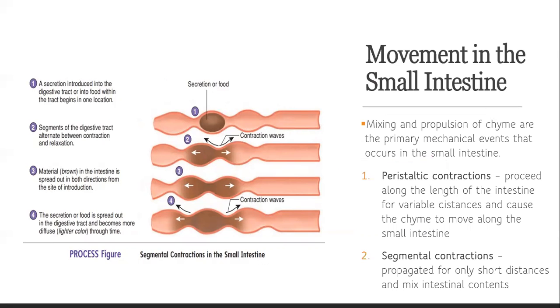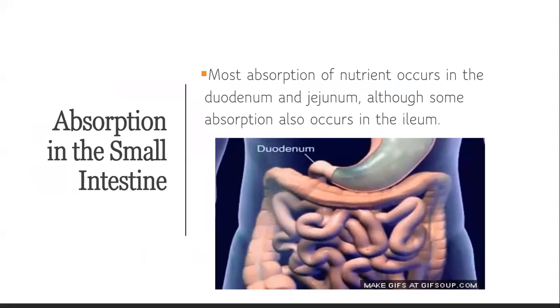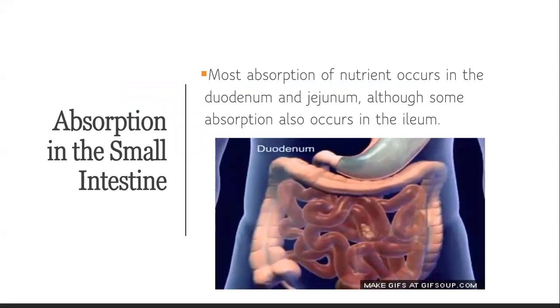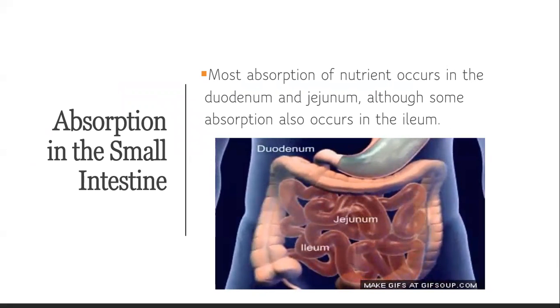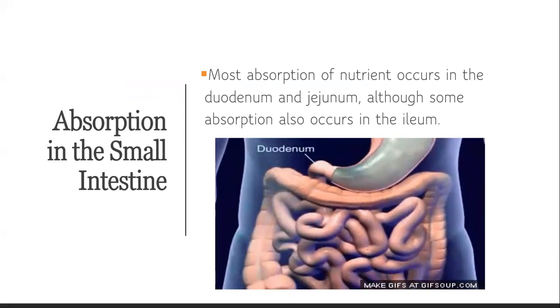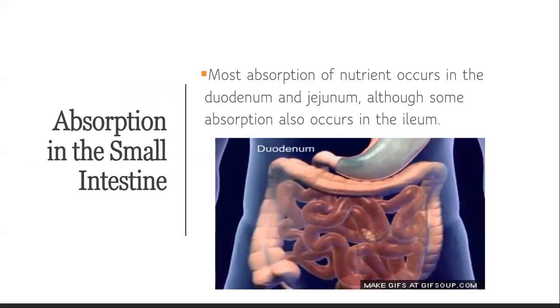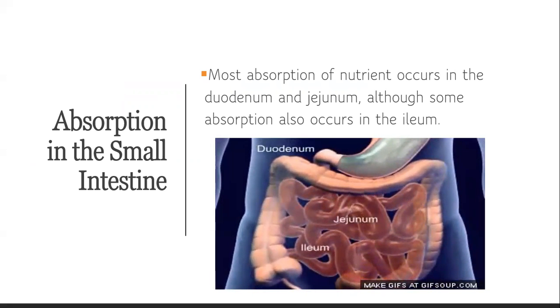Peristaltic contractions proceed along the length of the intestine for a variable distance and cause the chyme to move along the small intestine, while segmental contractions propagate for only short distances and mix intestinal contents. Most absorption of nutrients occurs in the duodenum and jejunum, although some absorption also occurs in our ileum.